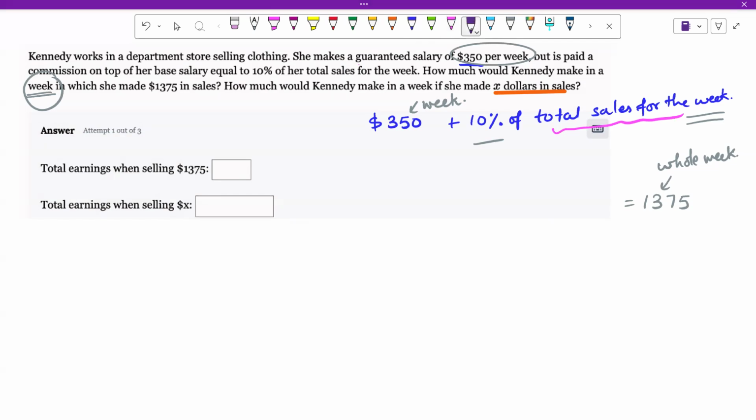Out of 1375, 350 is her guaranteed salary, plus she will be getting 10% of total weekly sales.